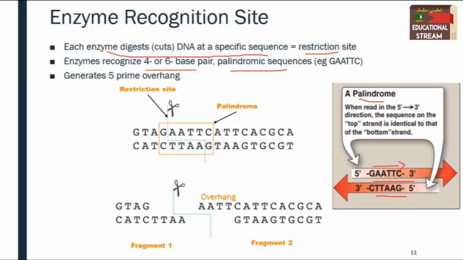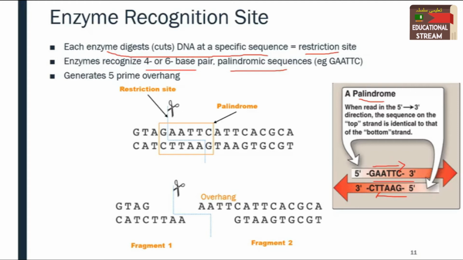So if you read the sequence from 5' to 3', it is GAATTC, and if you read it from the opposite end, 5' to 3' on the opposite strand, it is also GAATTC.